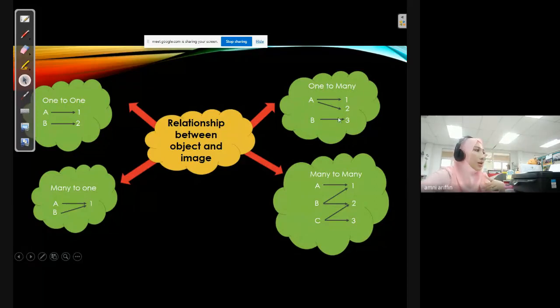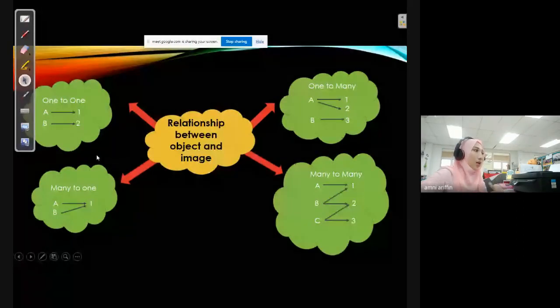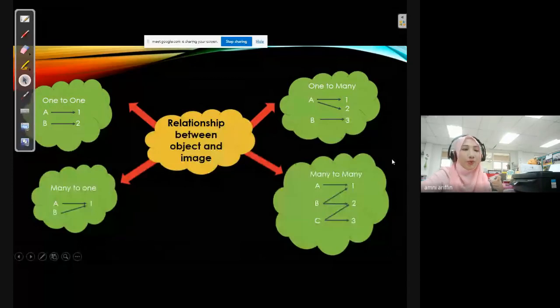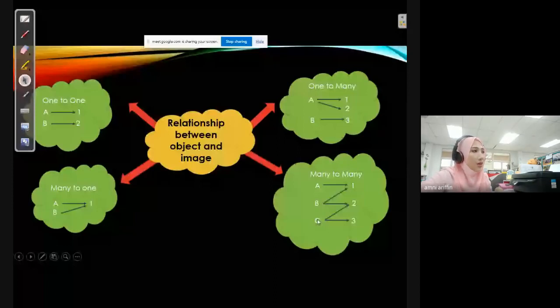Kalau kita tengok dekat sini, kalau daripada many to one, which is A, B, 2 objects will produce 1 image. And then the last relationship is we have many to many, which is kalau nampak dekat sini, object B we have image 1 and 2. So ini adalah relationship between object and image.